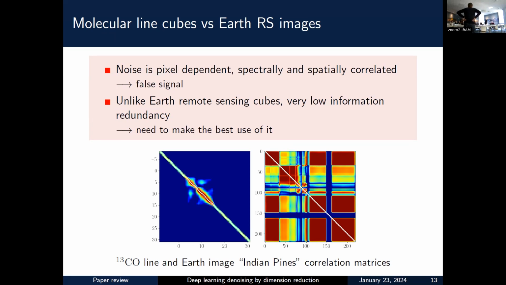So I have a question: how much time do you need to denoise the Orion B cube? And is it possible to code it in CUBE so that the users can use it? That's a good question. It's about 1 hour and a half for a cube, but you have to train a new model for each cube. And is it possible to implement it in GILDAS? This method uses the PyTorch library.